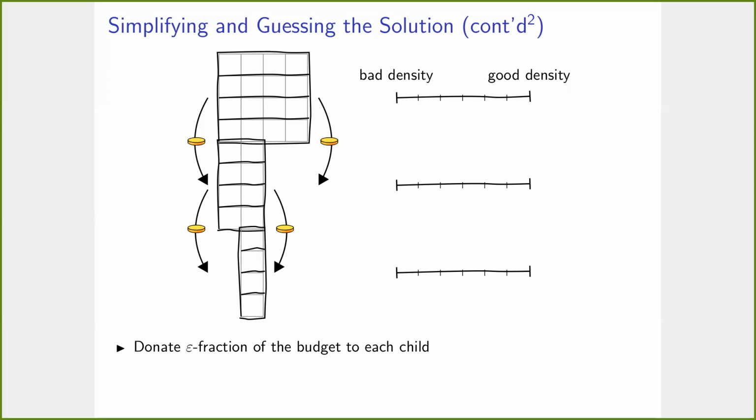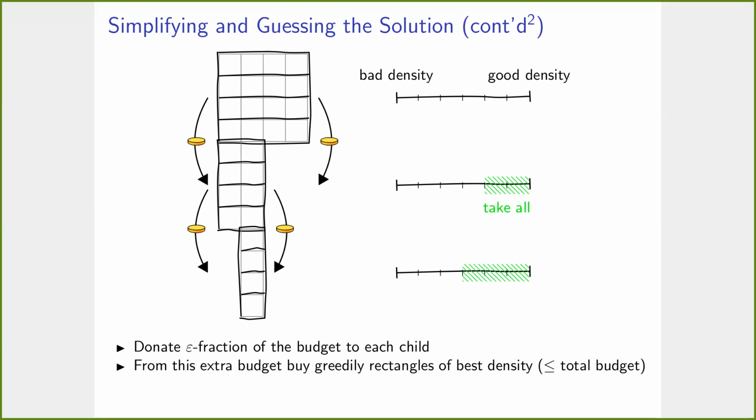So here I will really only give a very high level picture of what is happening. What we will do here is we think of each block as donating a little fraction of its budget to the block below it, or more formally to both blocks that can be below it. And the block below can then use this budget to buy extra rectangles.